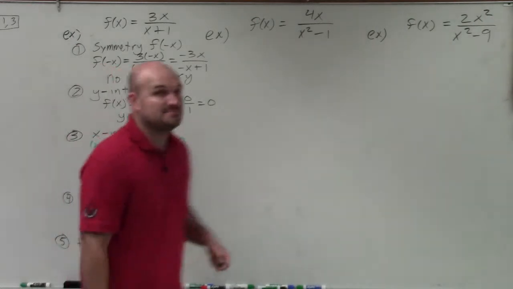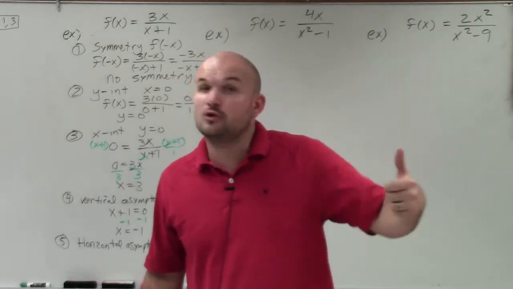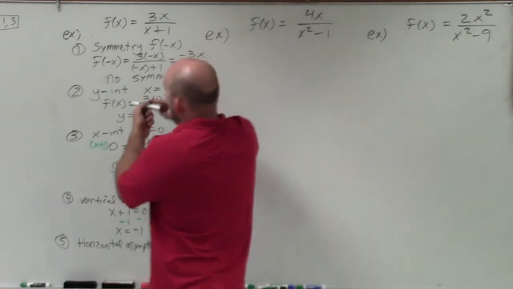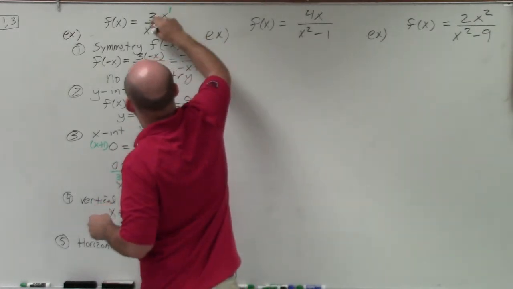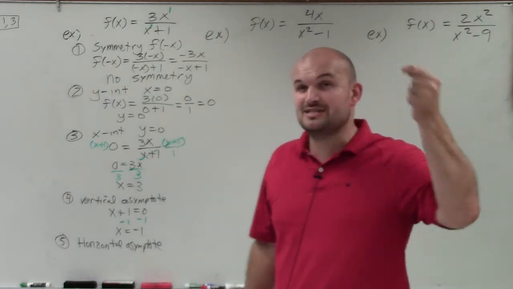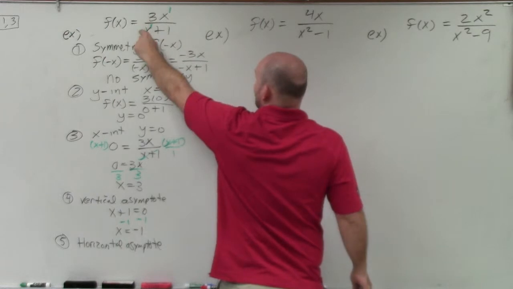So the horizontal asymptote, remember we have to go back and use the rules for horizontal asymptotes. So we look at the powers, or the degrees, of our rational function. Remember, when the degrees are exactly the same, you're going to take the coefficients of your two leading terms.